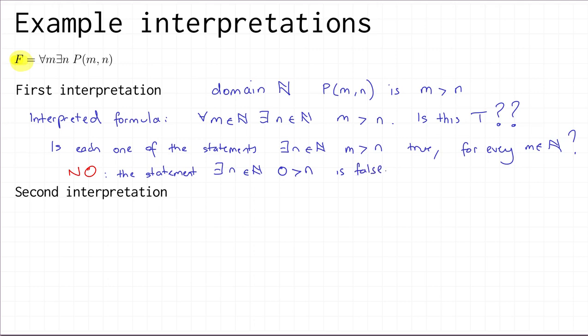Okay, so this formula was false in this interpretation because the statement that there exists a natural number which is less than 0 is false.